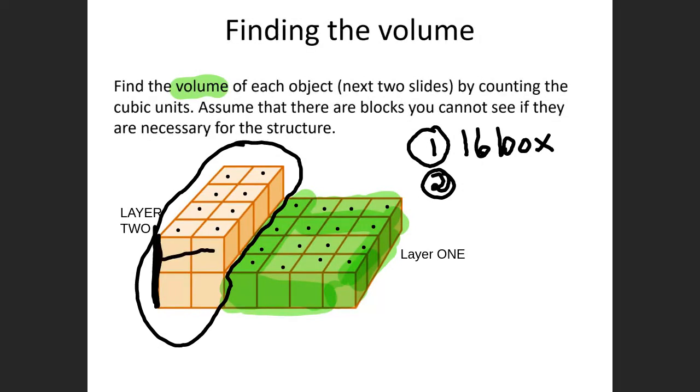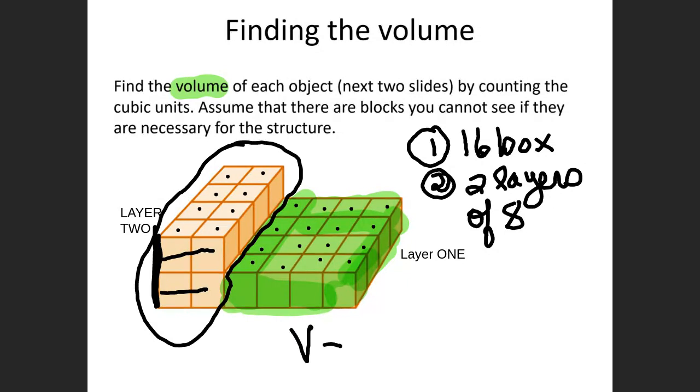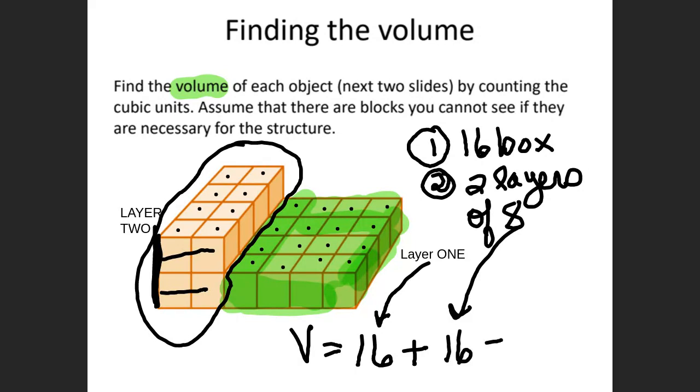But I have 2 layers of 8, which means my volume is going to be 16 boxes plus 16 boxes, which gives me 32 units cubed.